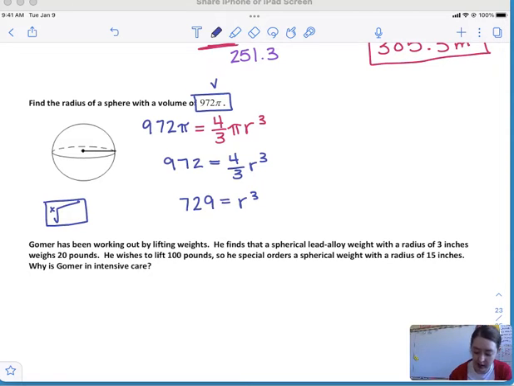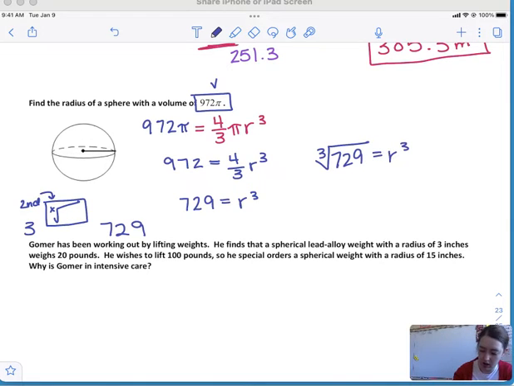Type 3 first, then second this guy, and then type in 729 and press enter. That will take the cube root of 729. And then when you pop that into your calculator, you'll get 9 for that radius.